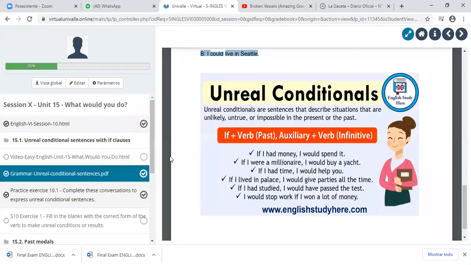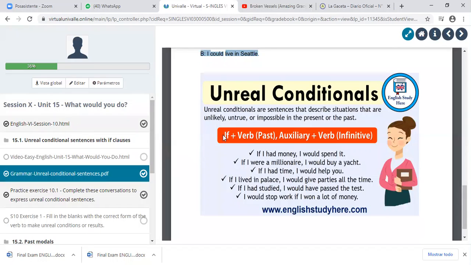Unreal conditional sentences. Here is a short explanation. We use the unreal conditional to describe situations that are unlikely or untrue or impossible in the present or the past. Okay. Utilizamos los condicionales para describir situaciones que nos pueden agradar o al mismo tiempo no, para decir acciones que se podrán hacer o que son imposibles en el presente o en el pasado. ¿Ok?